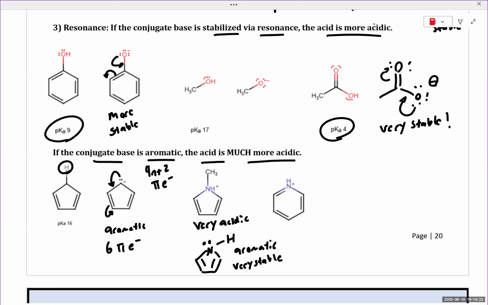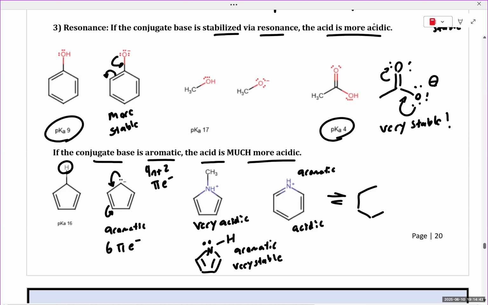For pyridine, if you protonate pyridine, it is acidic, but it's not nearly as acidic because this parent acid is aromatic, and upon deprotonation, you get another aromatic conjugate base.